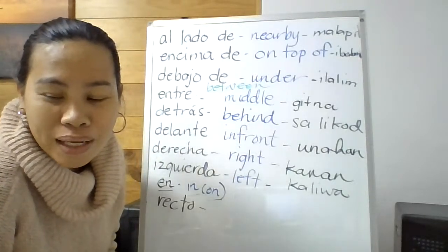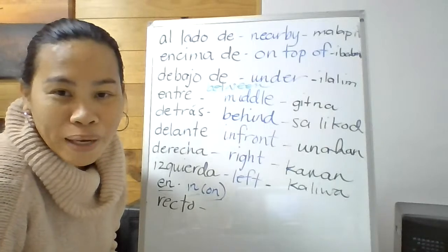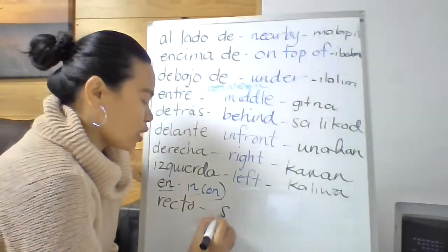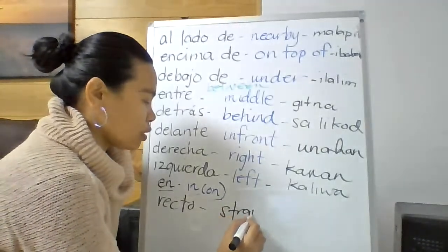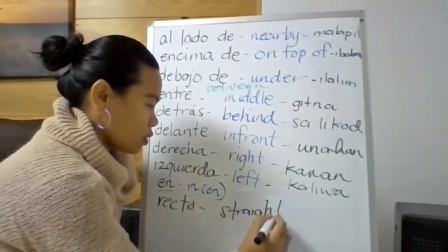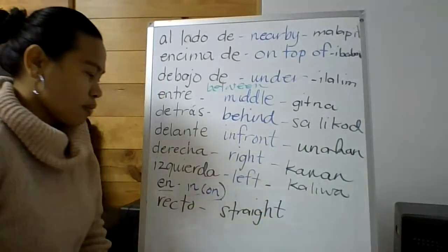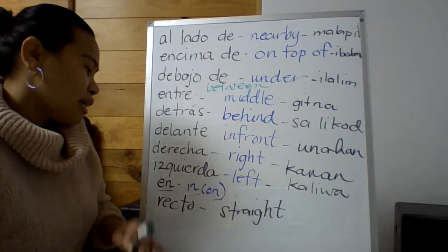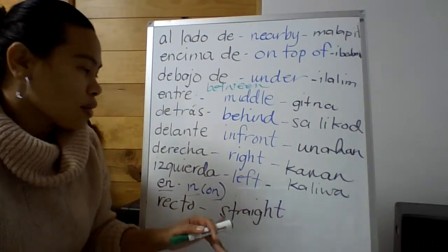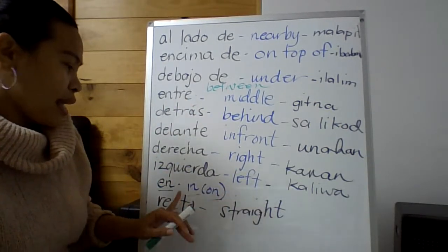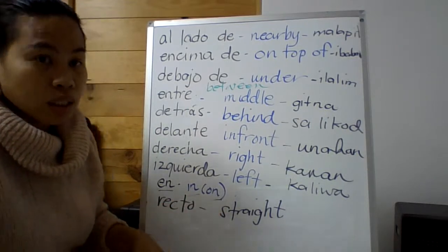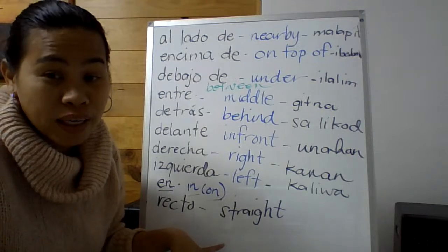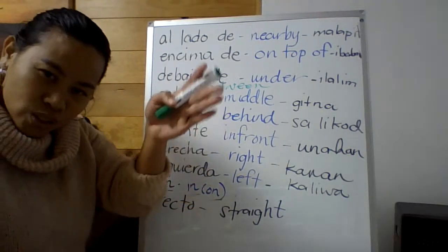Donde podemos comprar libros baratos en Recto. Recto is straight, going straight. Okay? So, derecha, right, kanan, and then izquierda, kaliwa, left, and then in or on, and then recto is straight.